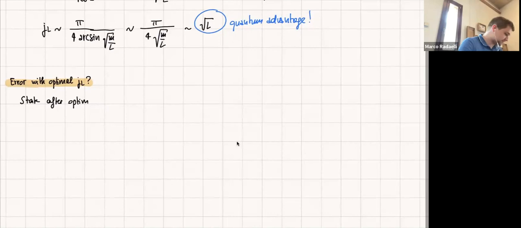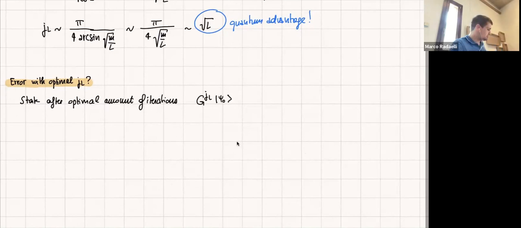Okay, very good. So the state after an optimal amount of iterations is given by the Grover iterator to the JL power applied to the initial state.